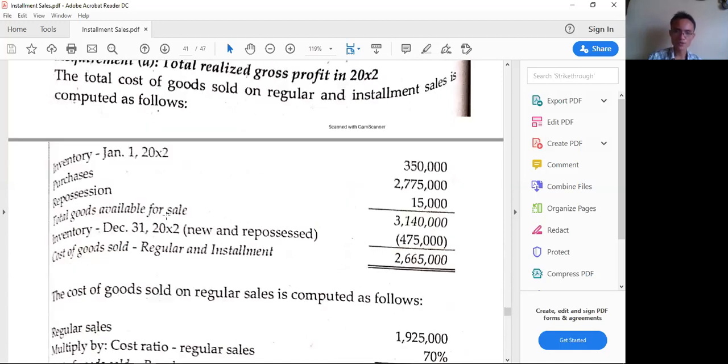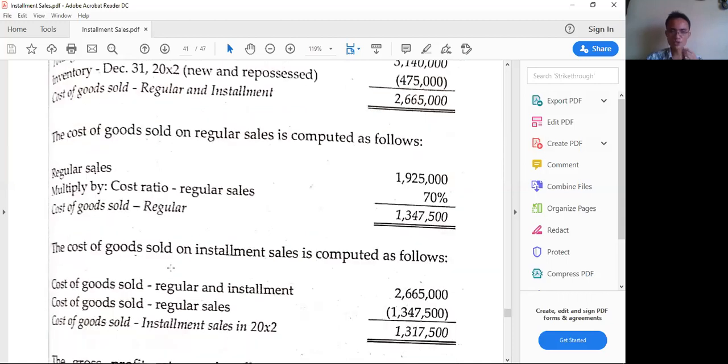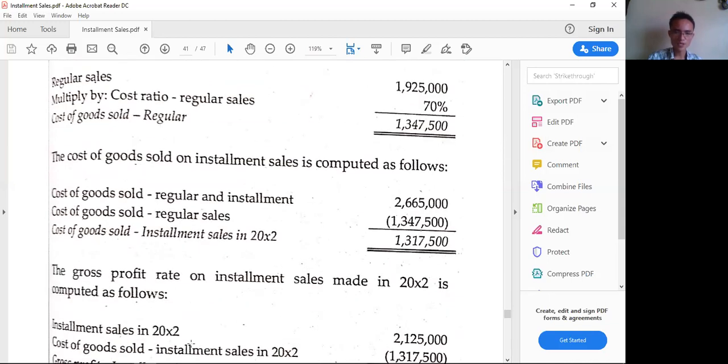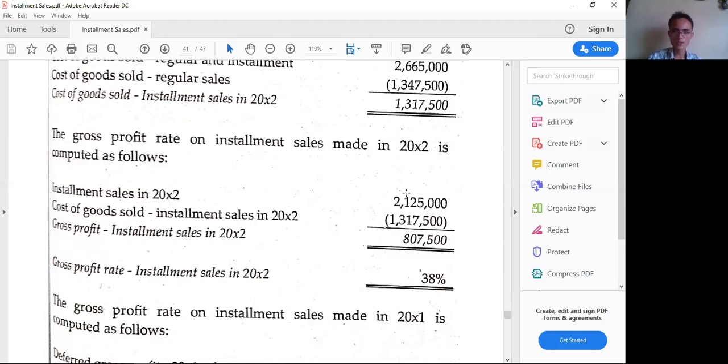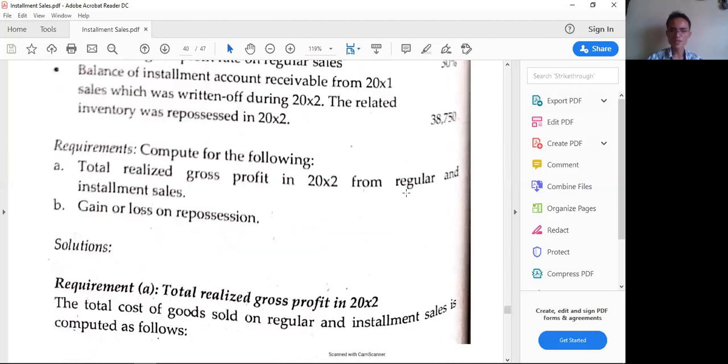However, we need to know first how much is our cost ratio for the regular sales, so that we can compute our installment sales. Okay, so how do we make this simple? Remember, if we have two types of sales, then we also have two types of cost of sales, and we also have two gross profits, right?